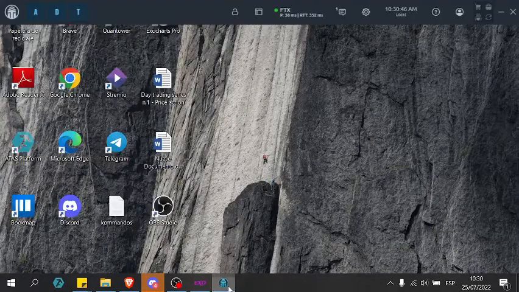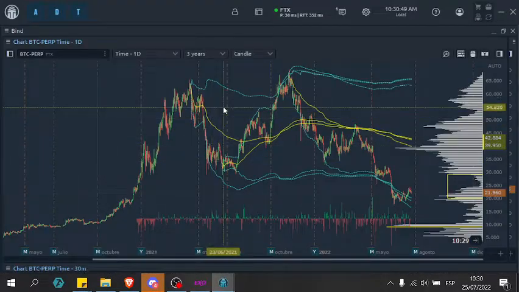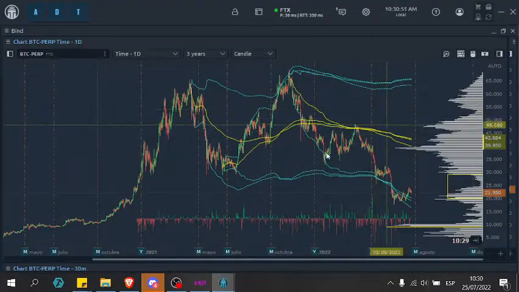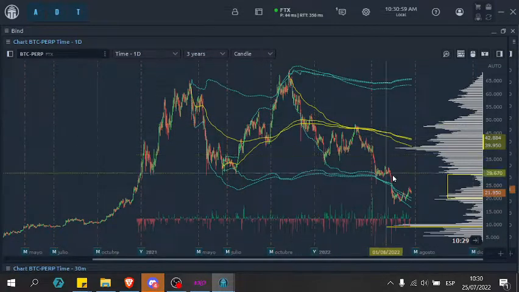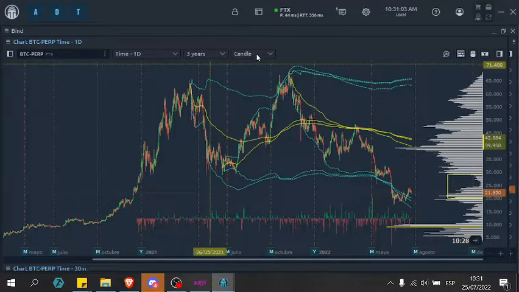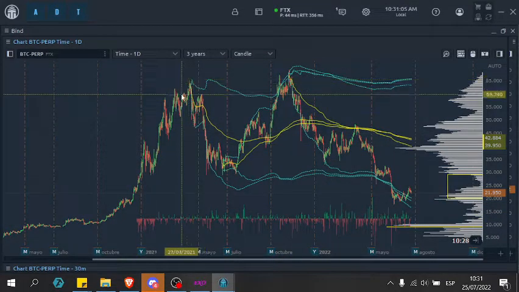So first off, what I do every Monday, actually not every day, but every Monday, I check in Quantower. There is a guide on how to set Quantower if you are interested in the order flow channel. I check this full period price chart on BTC.